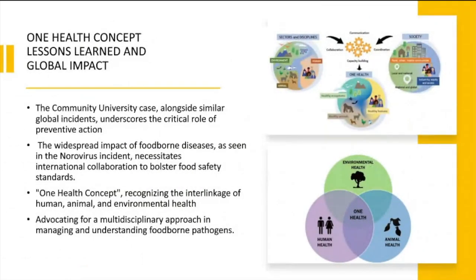Thus, learning about the community university outbreak alongside the current similar outbreaks in the world has highlighted the importance of taking preventative measures for rigorous food safety practices. Due to the global food supply chain, foodborne illnesses often have cross-border implications.